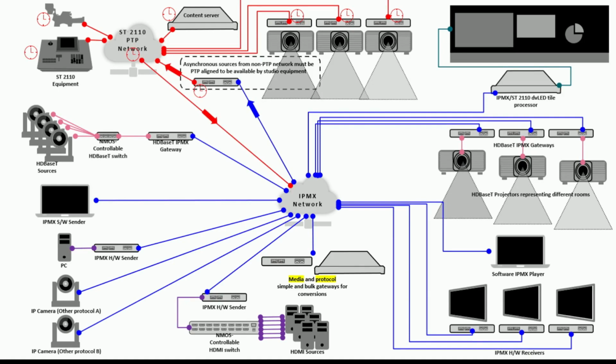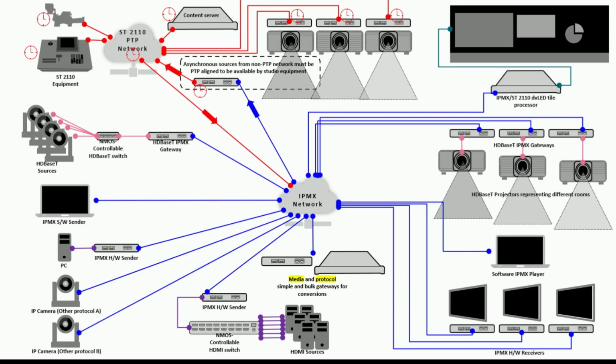So if you want to introduce content the other way, let's say you want to take asynchronous sources from your network with no PTP and bring that into your studio network with PTP, there are some equipment vendors that are building that capability of adjusting for PTP those asynchronous sources.